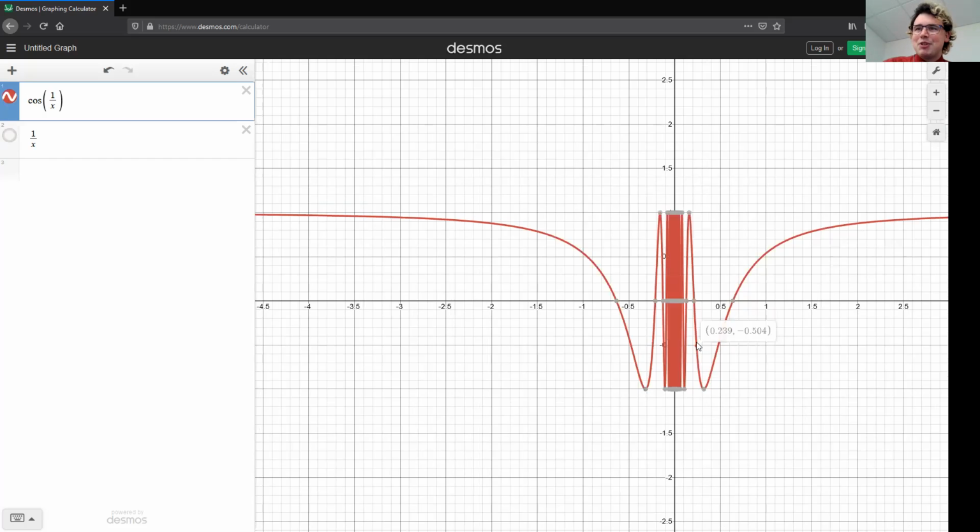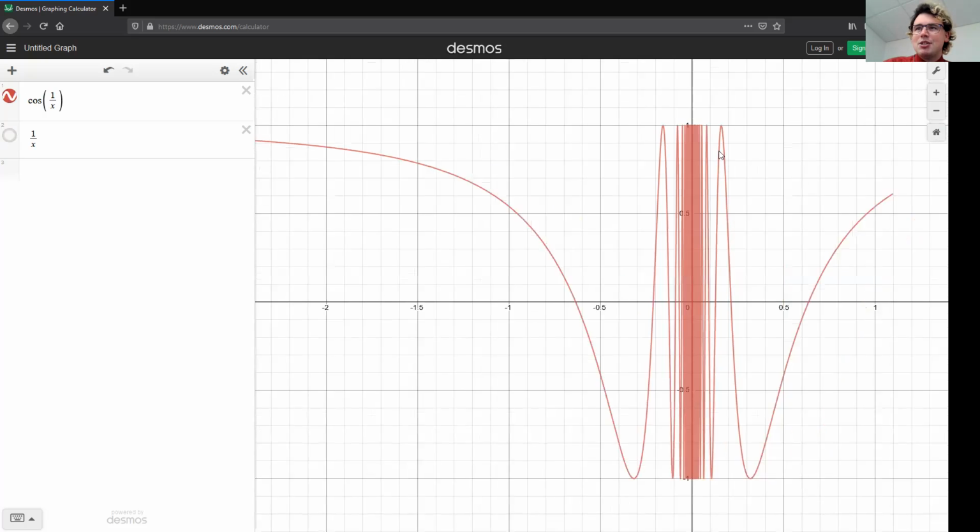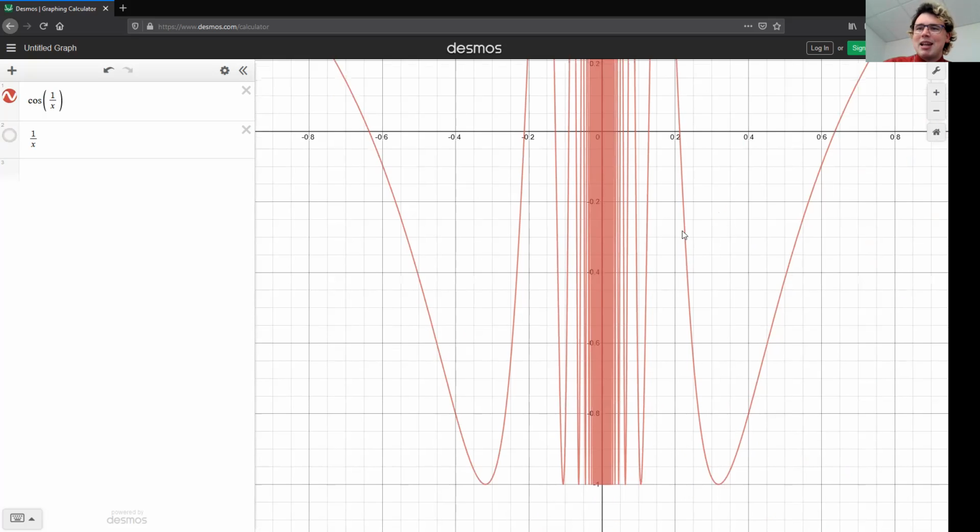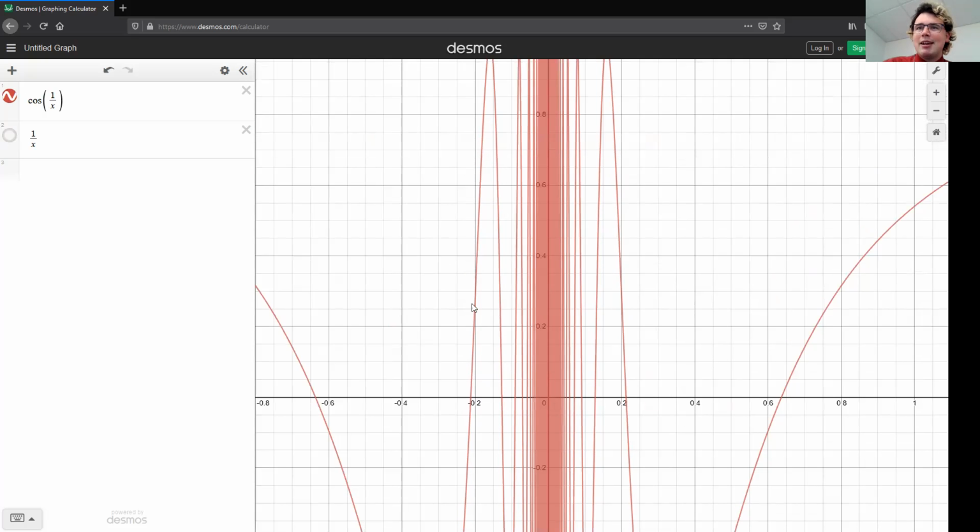This is something that we've seen before, where the y values keep oscillating between -1 and 1, and they will never settle down to have a limit. So this cosine of 1 over x function does not have a limit at x equals 0. The reason for that is because the 1 divided by x function also does not have a limit when x approaches 0.